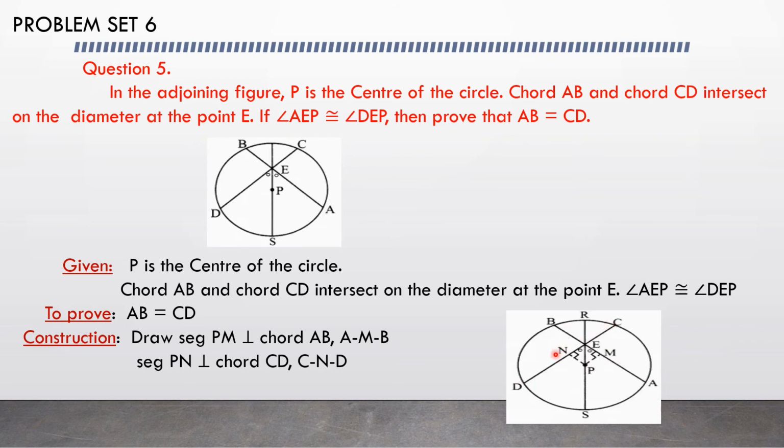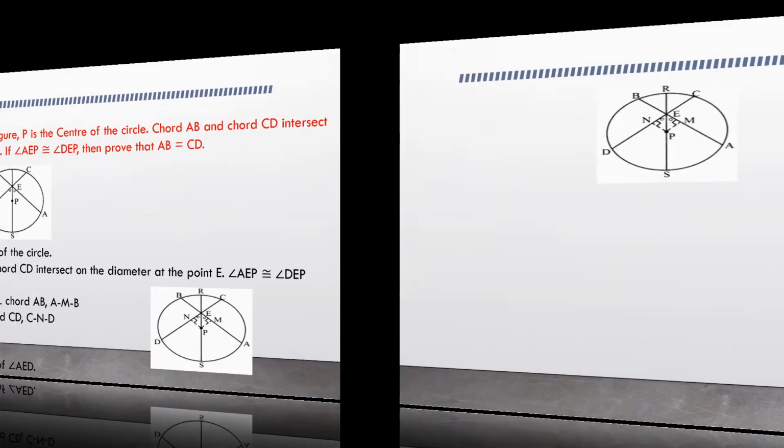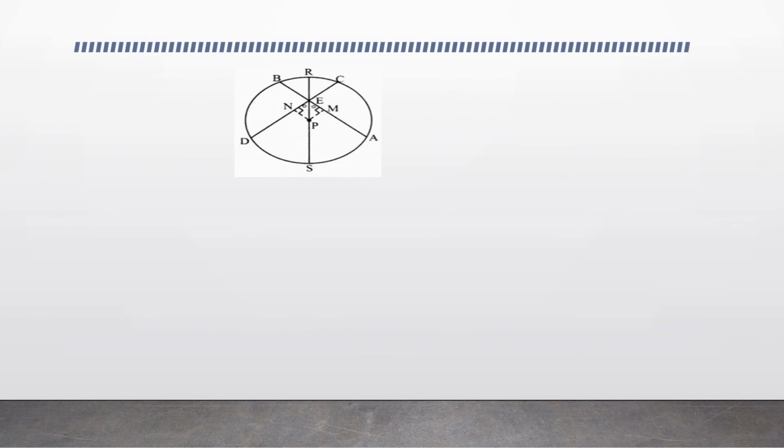And proof. Here angle AEP is congruent to angle DEP, that is already given. Therefore segment ES is the bisector of angle AED. In this figure, segment ES is the bisector of angle AED. Then the point P is on the bisector of angle AED.